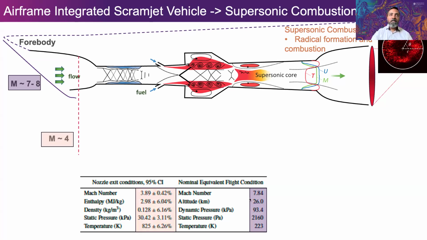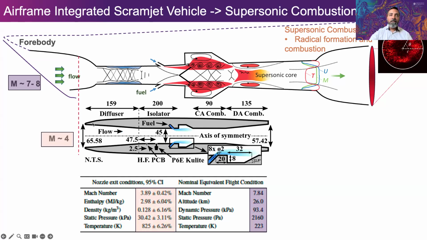And instead of having the full three-dimensional inlet, we're going to put in an axisymmetric combustor, which will take in flow coming out at Mach 4 with the right enthalpies that is equivalent to a Mach 7 or 8 scramjet vehicle. And then because it's been processed here, it's almost like it went through the shock and has arrived here at Mach 4 at this station in the real scramjet at the right enthalpy. We're putting that into the model and processing it further to get the combustion to work.